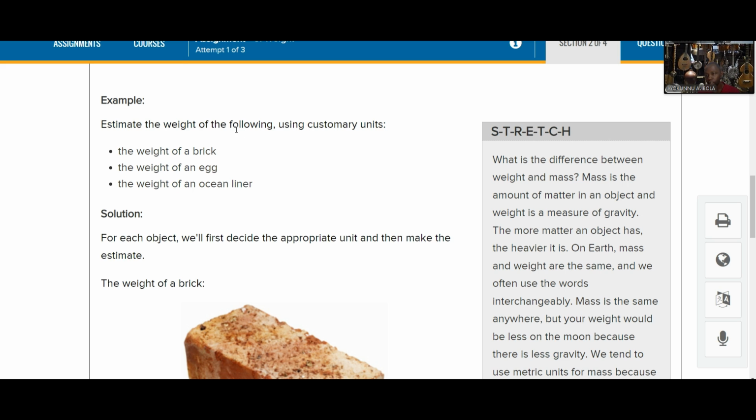Okay, let's look at this example. Estimate the weight of the following using customary units: the weight of a brick, the weight of an egg, and the weight of an ocean liner.